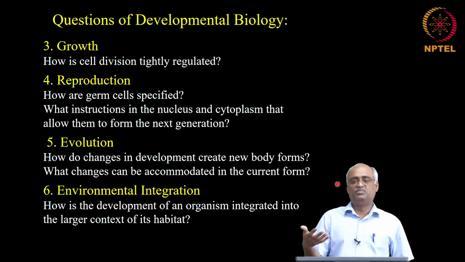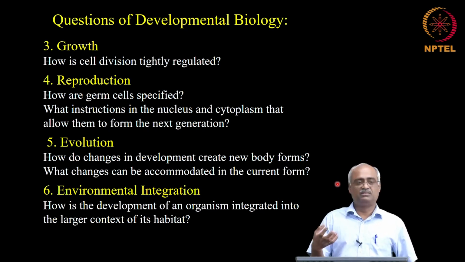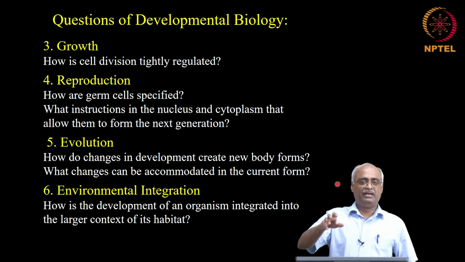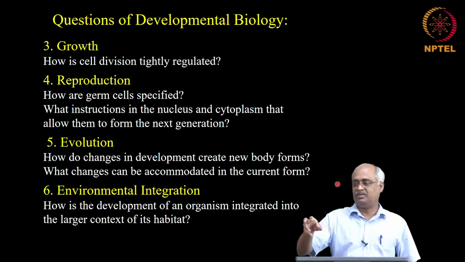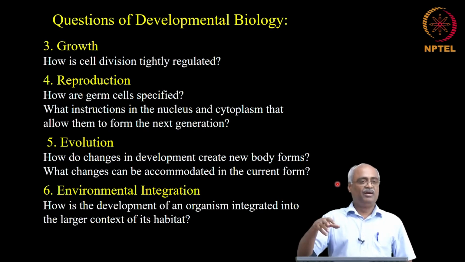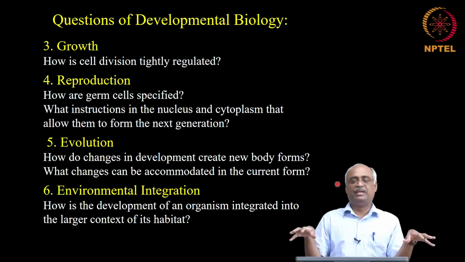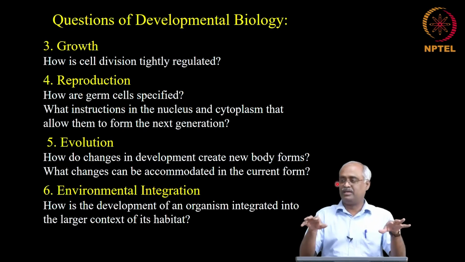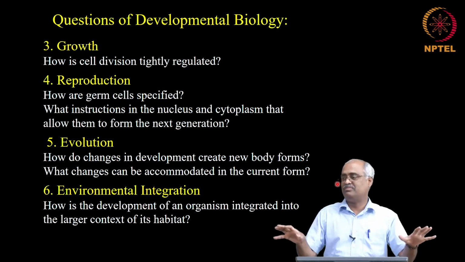Okay. Like for example, a succulent plant is better fit to live in a desert environment. Okay. So, you can't go and grow paddy there. So, the developmental plan of paddy or the developmental plan of a cactus is integrated into the environment, into the habitat where they grow.